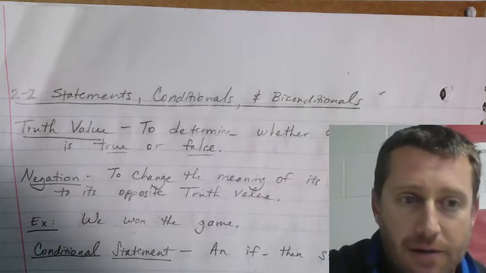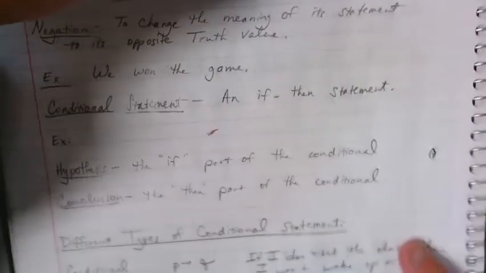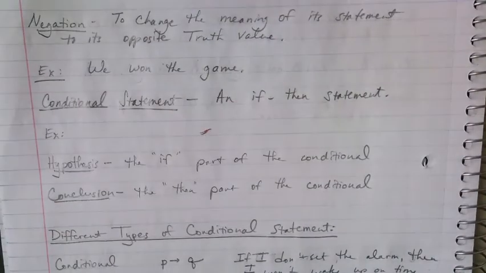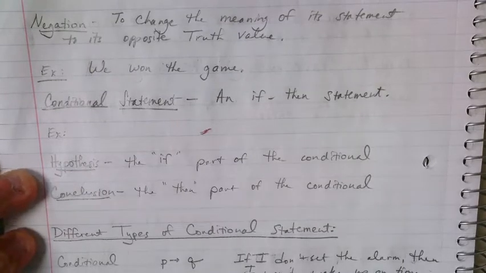So anyways, the next part, beyond a conditional statement, I didn't put an example down there, but I'd love to hear an example that you guys come up with. If you like me, circle yes or no, back to when you were in probably grade school. Anyways, the hypothesis of the conditional is the if part.